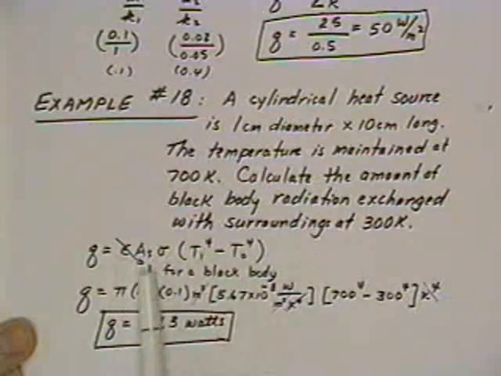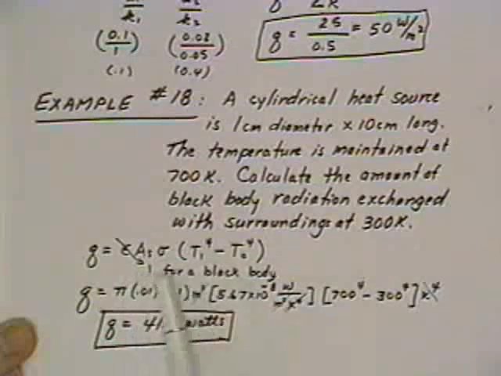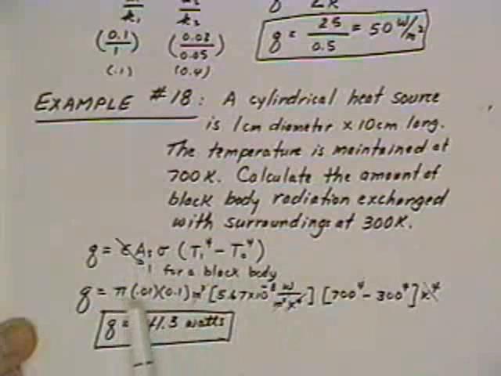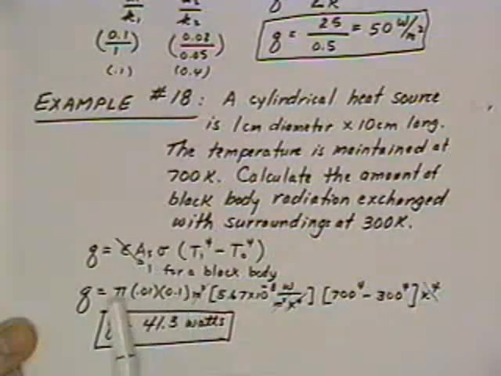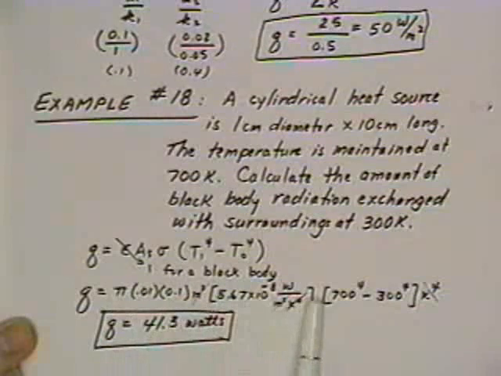Now, if we're assuming black body radiation, the emissivity is 1, for a black body, that's the assumption you're going to make for epsilon. And so the surface area is pi d l. So it's pi times the diameter of 0.01 meters times the length, which is 0.1 meters, times the Stefan-Boltzmann constant.